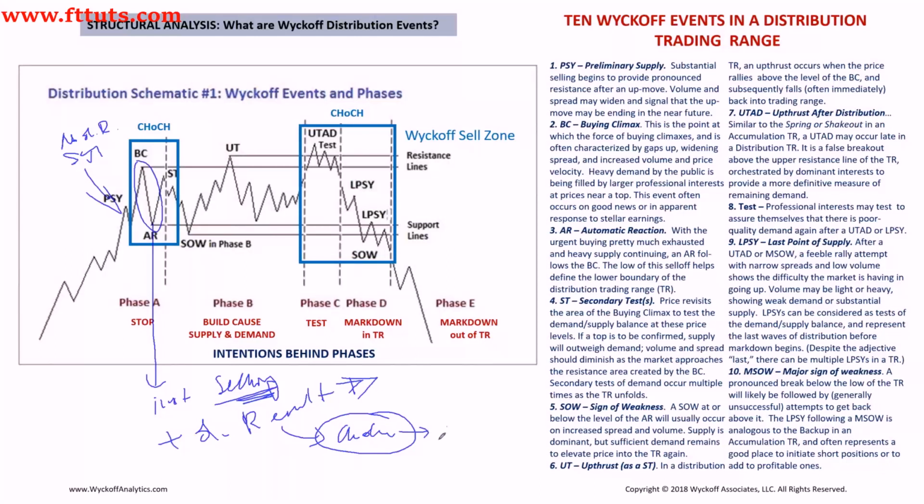A change of character low is going to be defined as an automatic reaction, and that would define the boundary of the trading range. And if anything, this is such a great concept, I thought, that Wyckoff came up with.